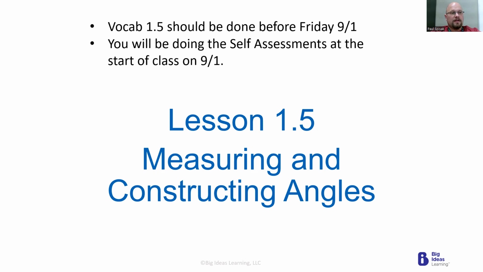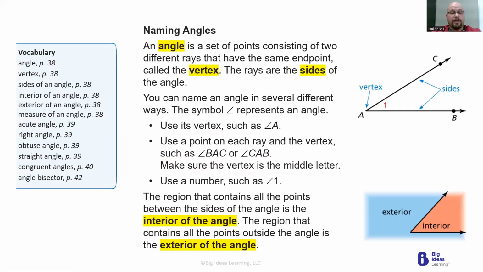ready for class. Now, as far as this section goes, there are a lot of ideas that you may have talked about in the past. So you'll notice there is a lot of vocab. Angle, vertex, size of angles, interior of an angle, exterior angle, measure an angle, acute angle, right angle, obtuse angle, straight angle, congruent angles, and angle bisector.